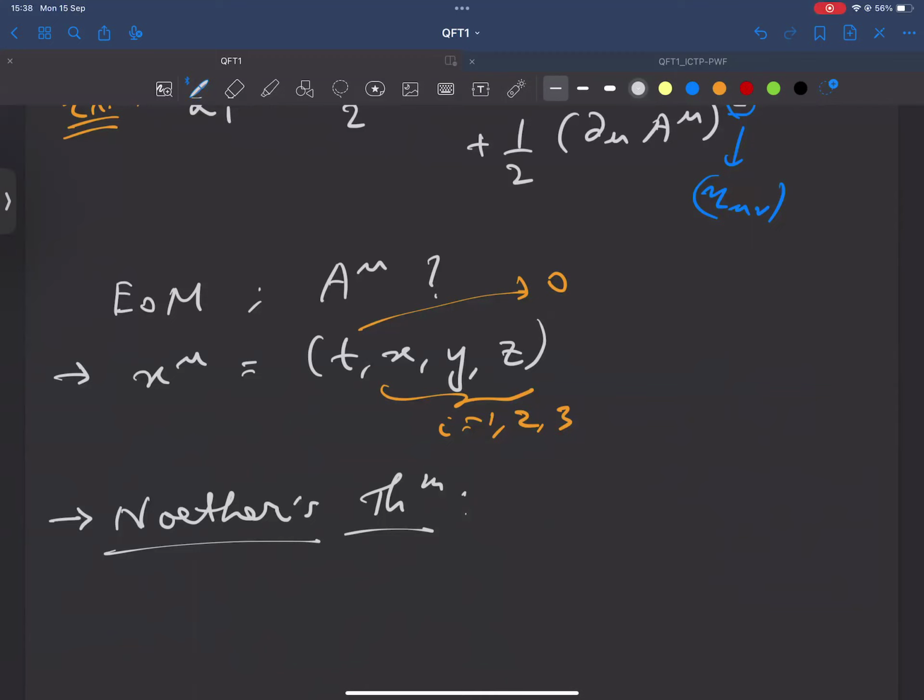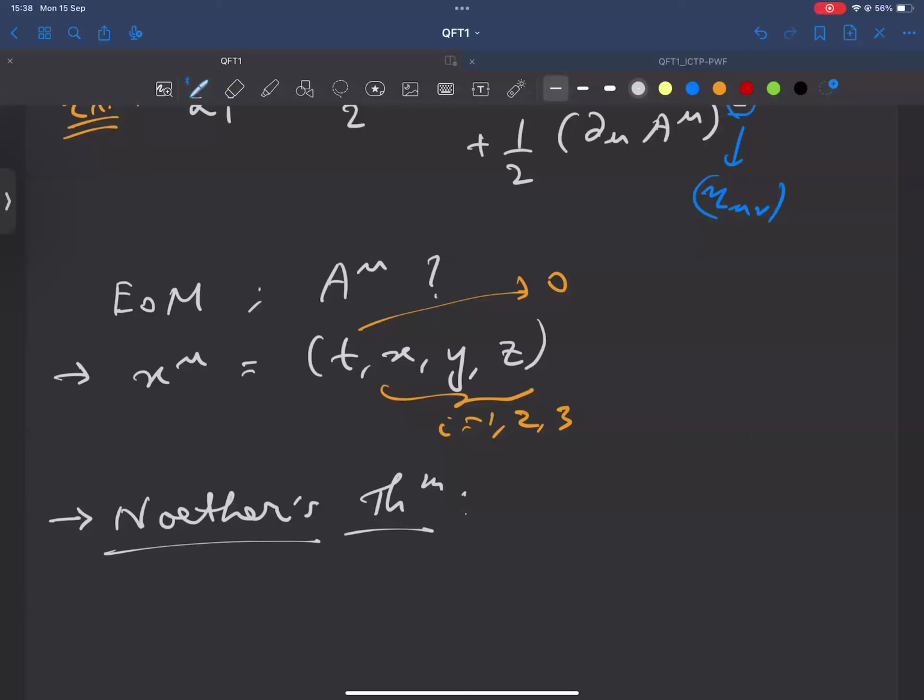So let me recall what this says for people who have already seen it, and then we will explicitly see how it works. In classical mechanics, what Noether's theorem tells us, and this is why it's a very powerful theorem, is that if you have translational invariance in your system, for instance, if you translate your system and the physics remains the same, the observables that you compute are the same, then it hints to the fact that linear momentum is conserved in your system.